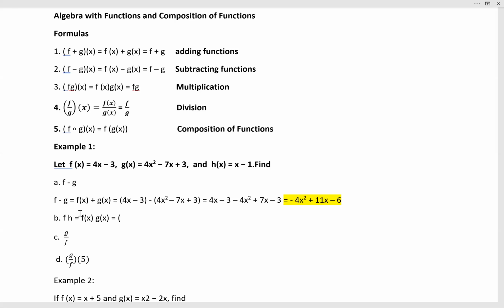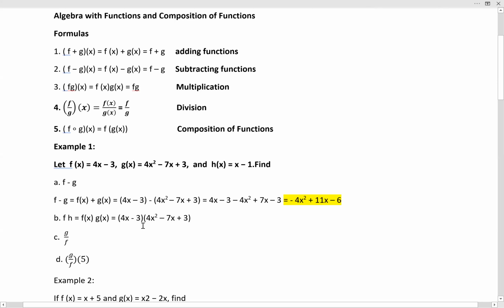I have (4x minus 3) multiplied by (4x squared minus 7x plus 3). Remember that you always have to keep the parentheses for each function, so you don't mess up.